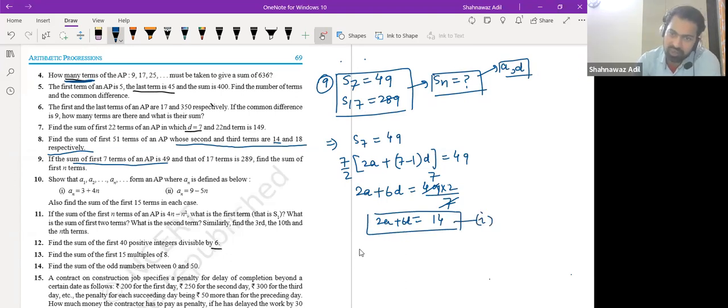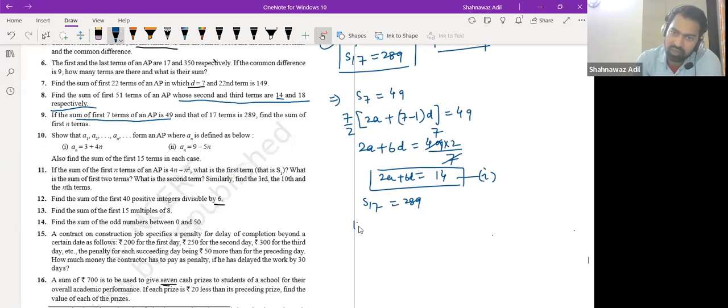And from S17 is 289, this is again 17 by 2 times (2a plus (17 minus 1) into d) equals 289.